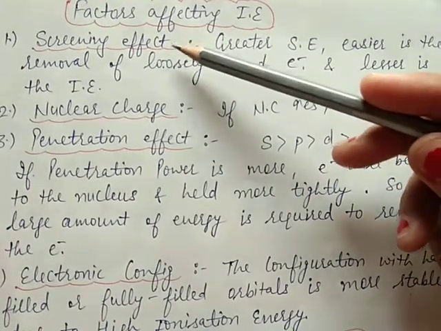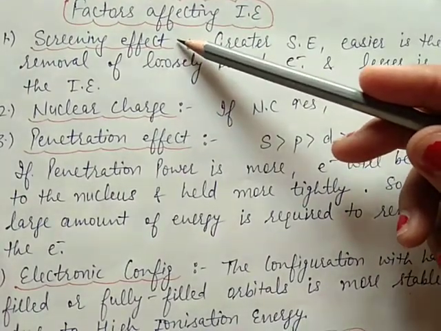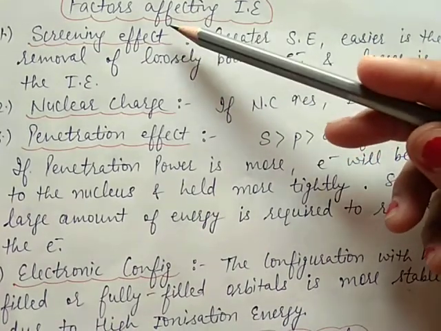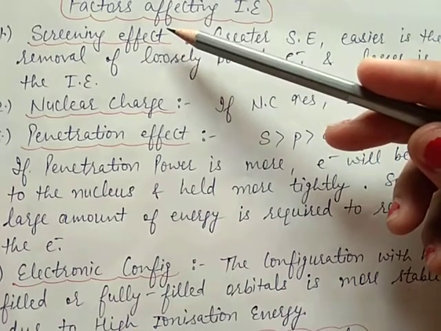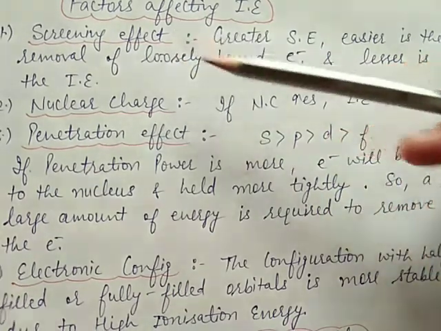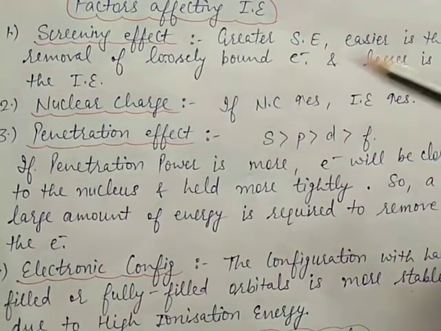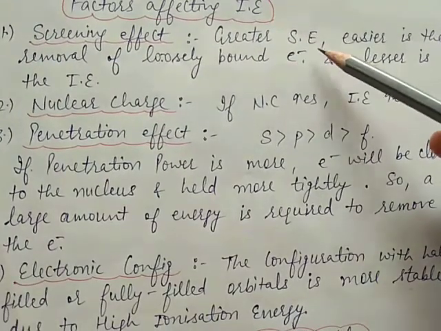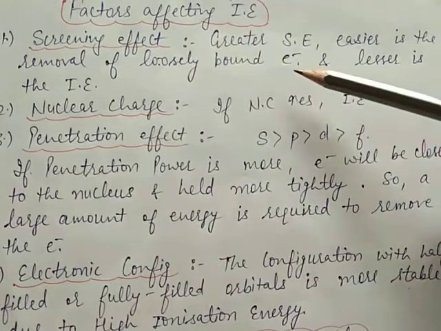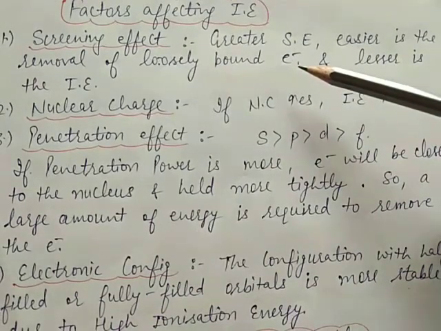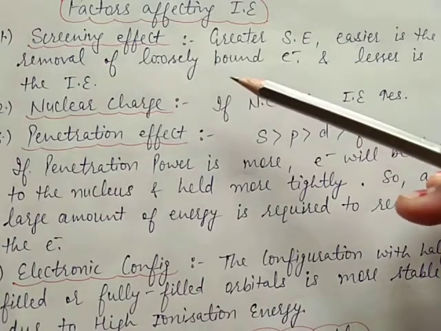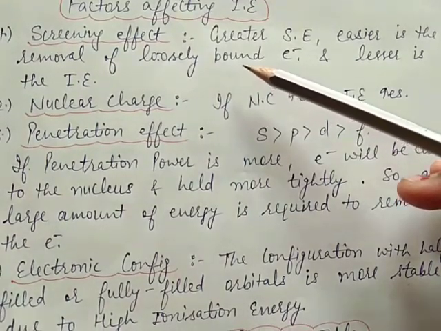It means the electrons of the inner shell shield the outer electrons from the attractive pull of the nucleus. This effect is called screening effect. So the greater the shielding effect, the easier is the removal of loosely bound electrons, and the lesser is the ionization enthalpy.